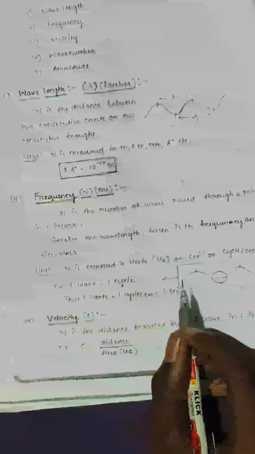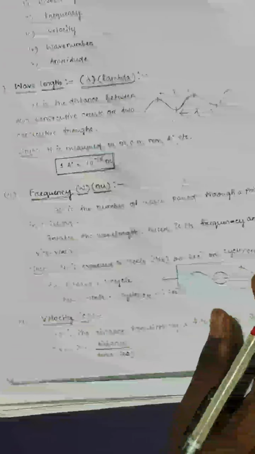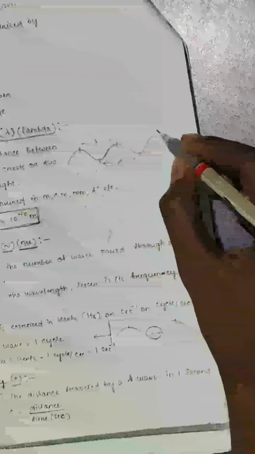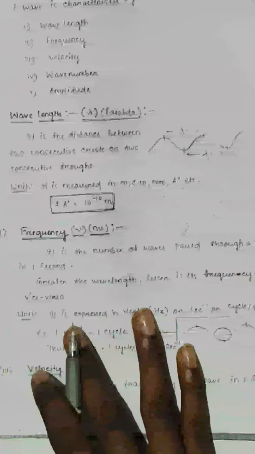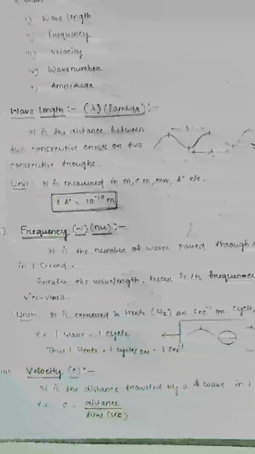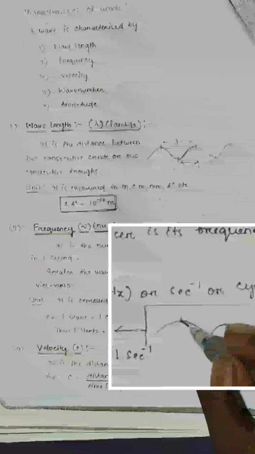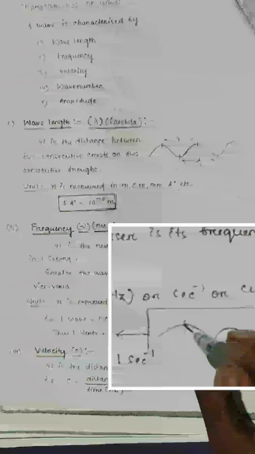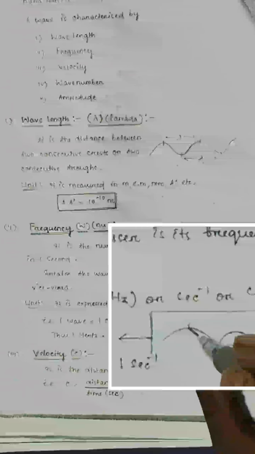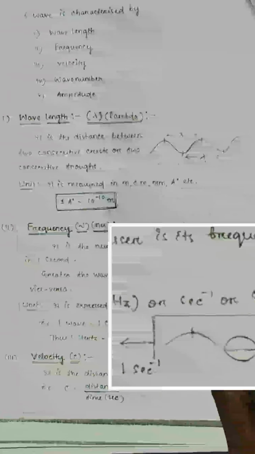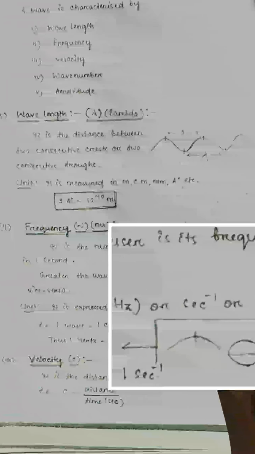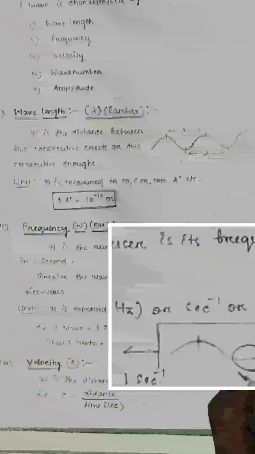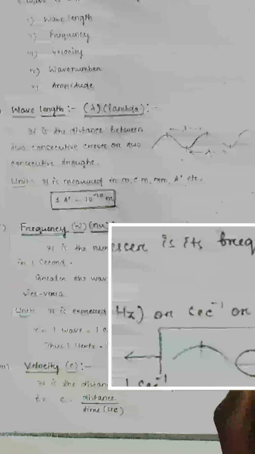A frequency is like, if I draw a line, two lines from here to here, and these half waves and these half waves bend to form a circle. Then this is a frequency.